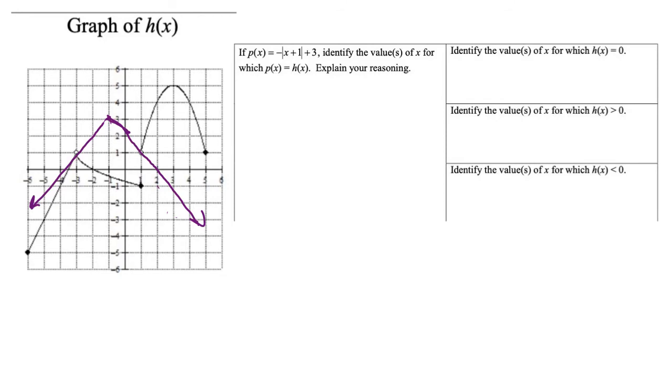So identify the values for which these two equal each other. Now, when those two equal each other, that means that P of X and H of X are intersecting at points.